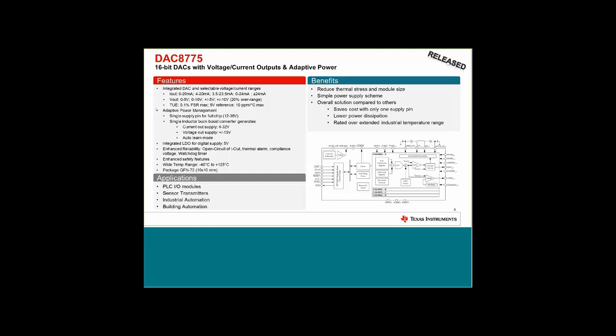The first one we call full tracking, the second we call clamp mode, and the third we call auto-learn mode. So full tracking mode would completely react to any change in the desired output current, as well as any change in the load impedance.